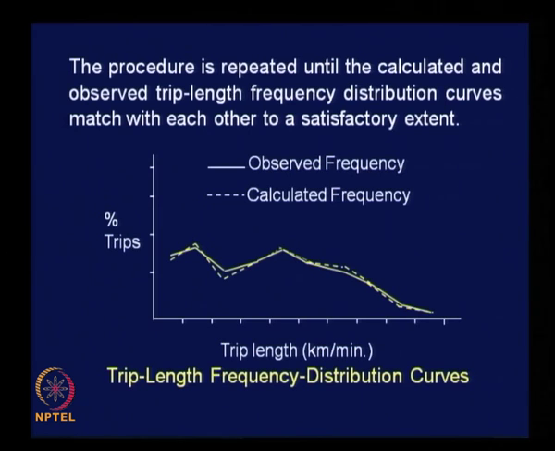And the percentage of trips made is given along the y axis. Please note, this is the range of trips falling over one trip length segment. It could be 0 to 5 minutes, right. And let us say we observe a certain number of trips falling in this time range, and where do we fix that number in the graph?